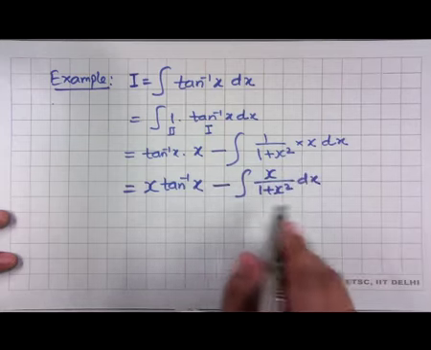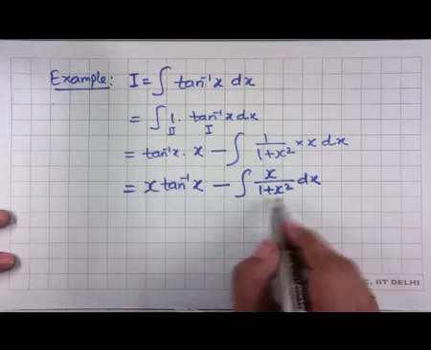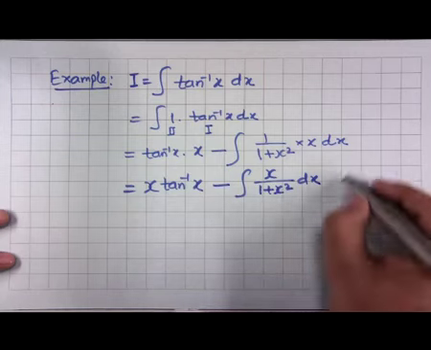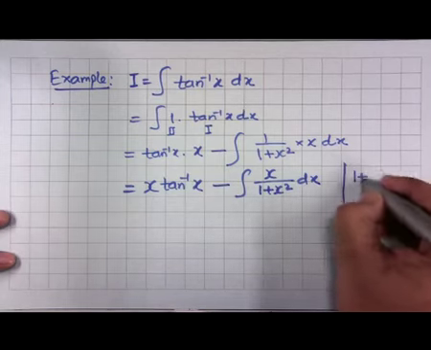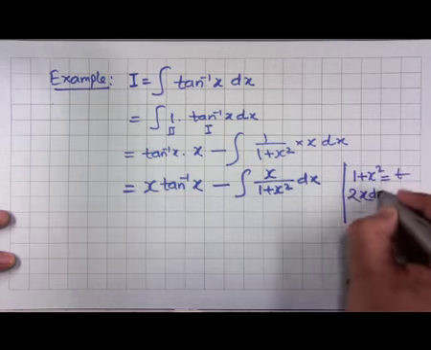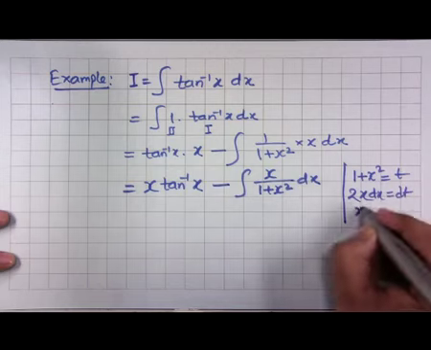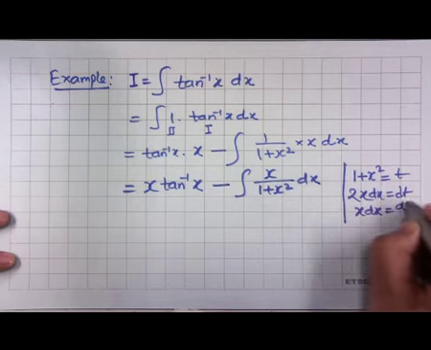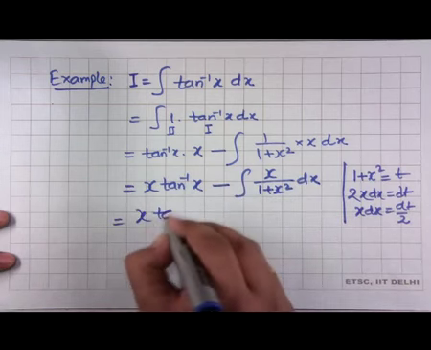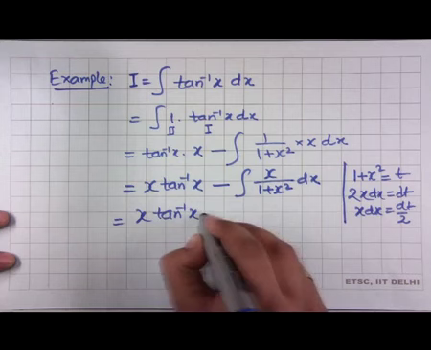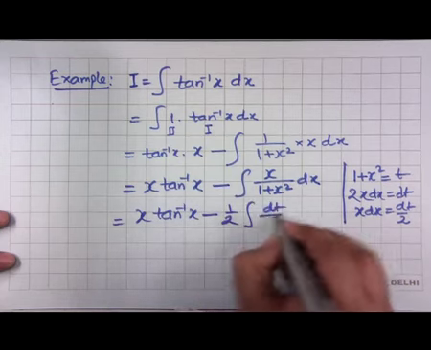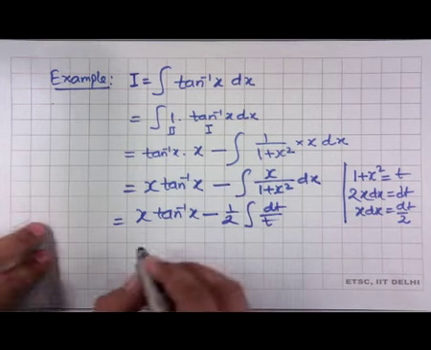With our practice of problems so far, I think you can easily see that the numerator is nothing but the differential of the denominator. So, you take the denominator 1 plus x square as a new variable t, so that you get 2x dx equals dt, that means x dx equals dt by 2. So, this integral can be easily evaluated: x tan inverse x minus 1/2 integration of dt by t, which leads you to the logarithmic function.